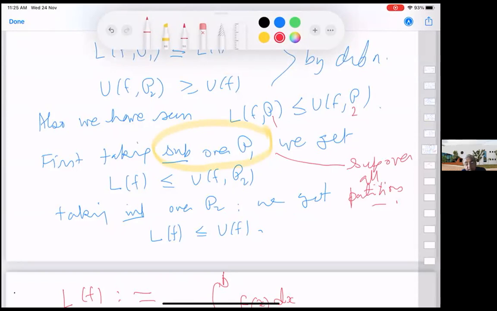Okay. Is this okay? Any more questions? Any more confusion?